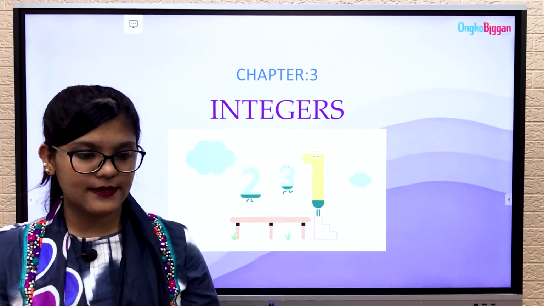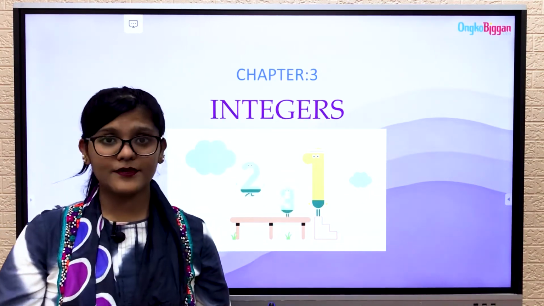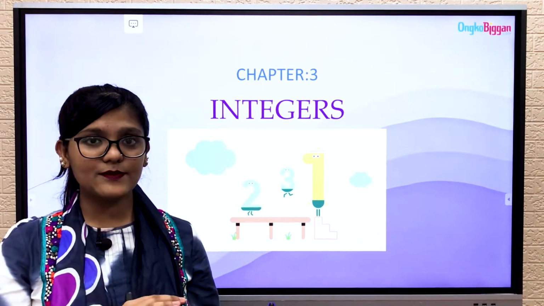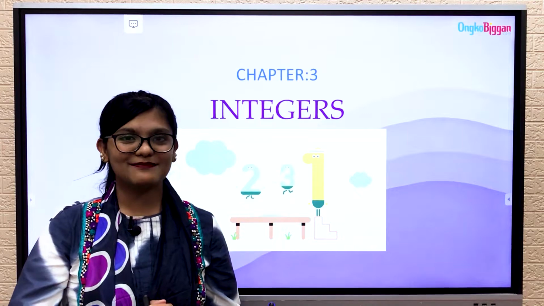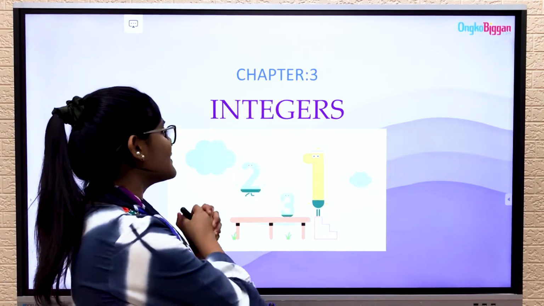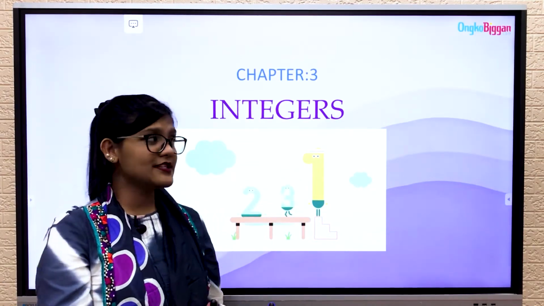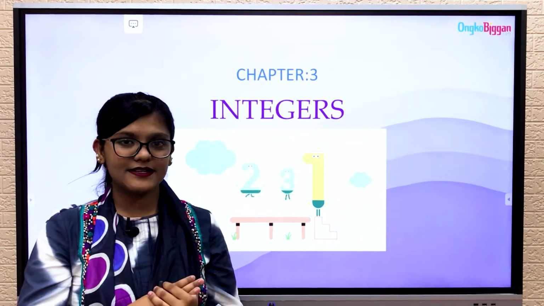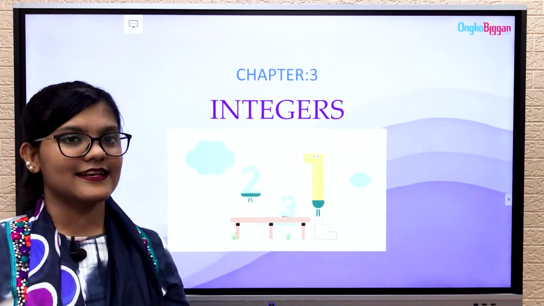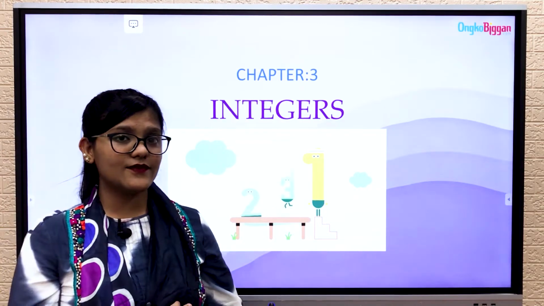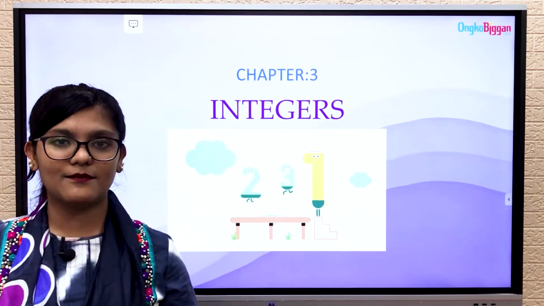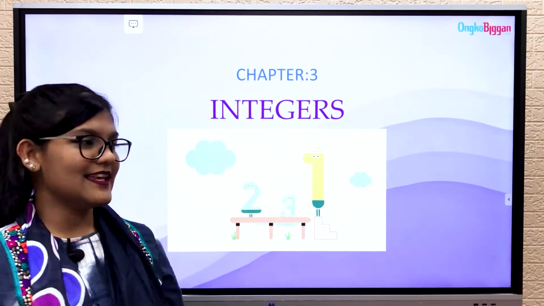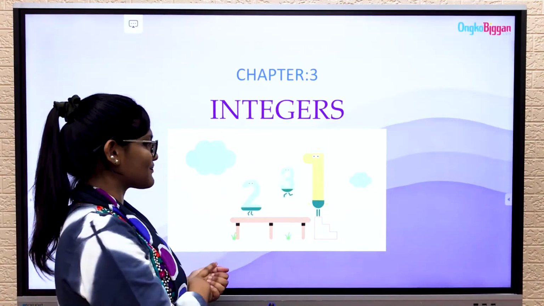We talked only about positive whole numbers in chapter 1. We haven't dealt with negative numbers, but in this chapter we are going to learn about negative numbers as well as positive numbers. Also, here we are going to deal with only whole numbers, not any type of decimal fractions. So yes, we are going to start now.